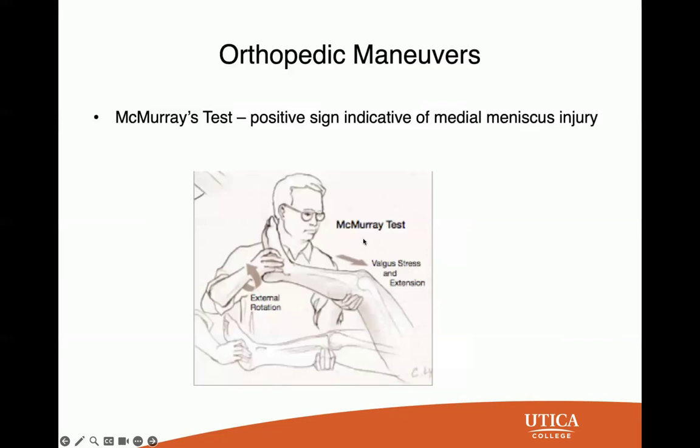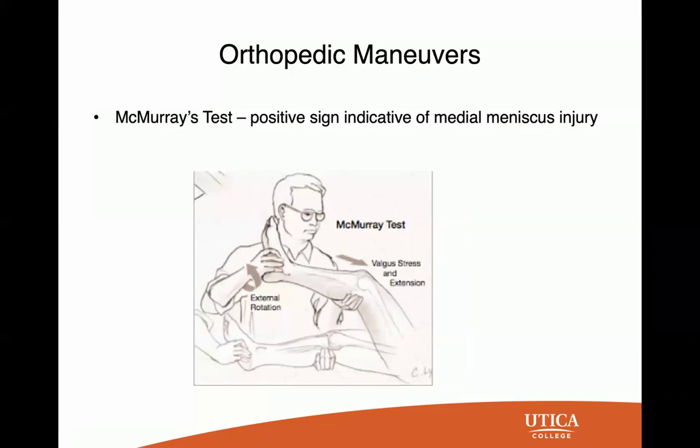So there are different ways you can evaluate orthopedic injuries or orthopedic pain, one of which is the McMurray test. This is a test we use to look for injury to the medial meniscus. We're not going to go into detail in terms of how to perform these tests, and there are some videos throughout this presentation that will allow you more opportunity to see the mechanisms in action.